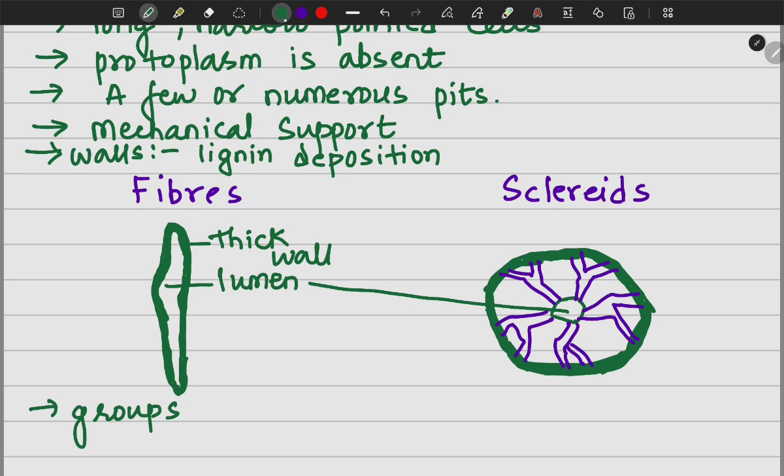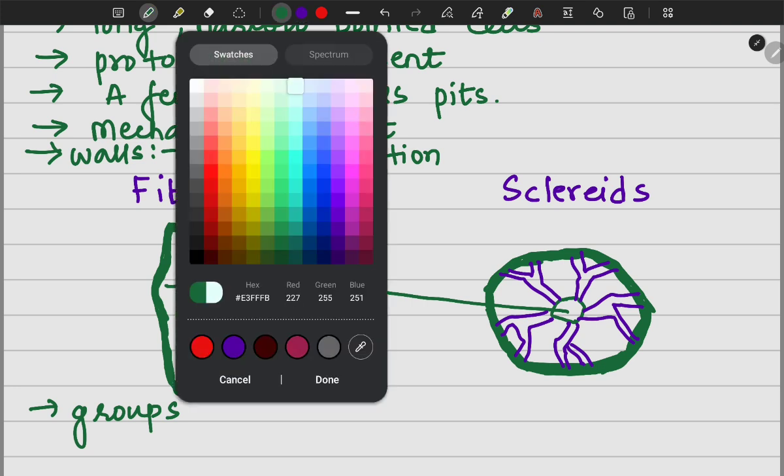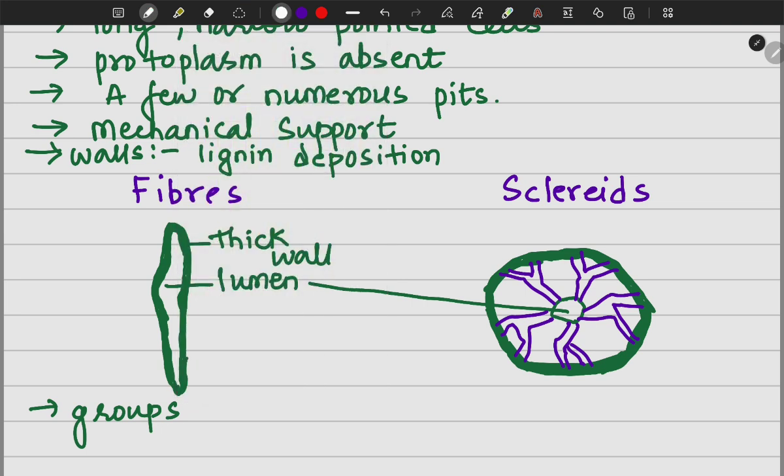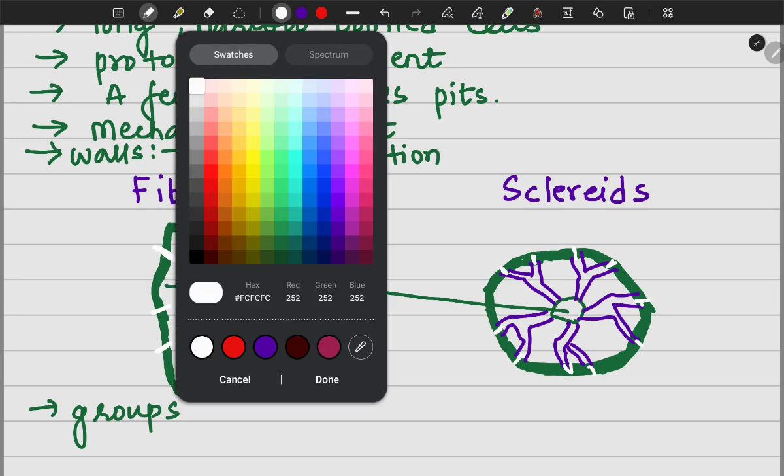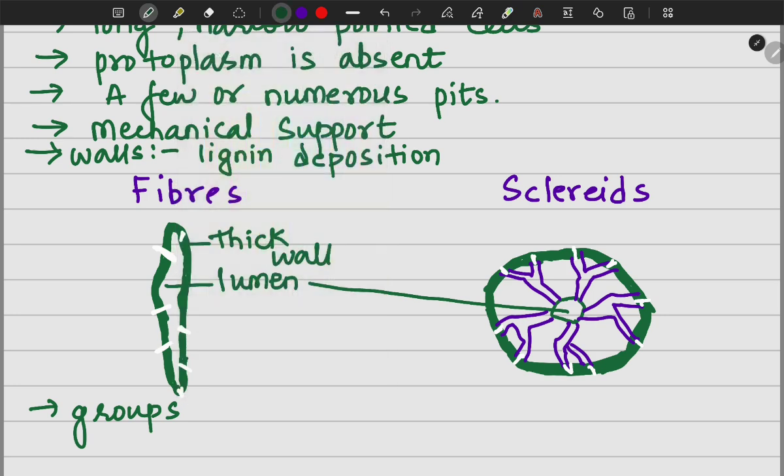So pits will be present on both fibers and sclereids. Like this. These are called pits here.